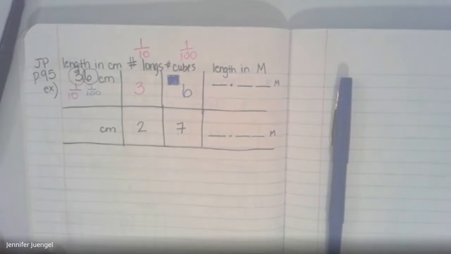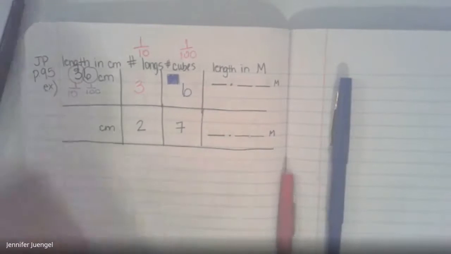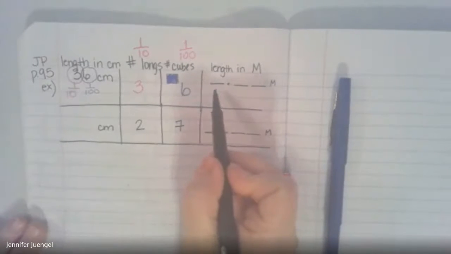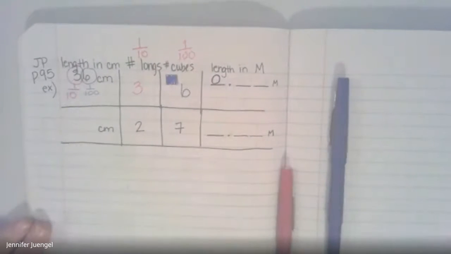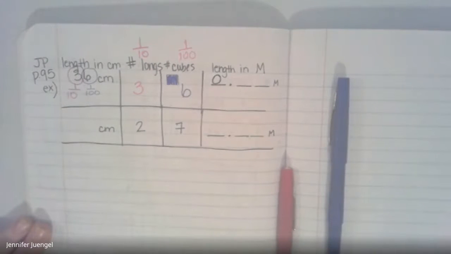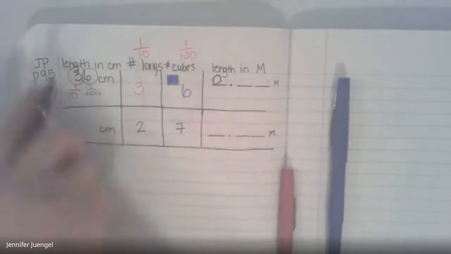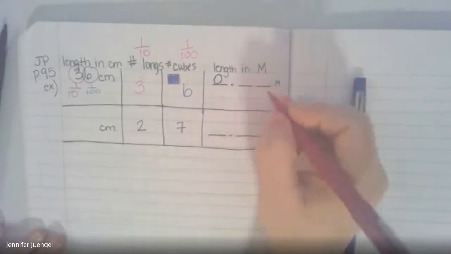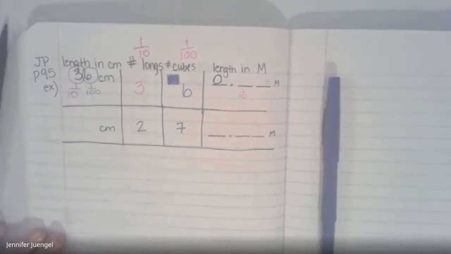We know that it takes 100 centimeters to make a meter stick. So we don't have 1 whole meter. That means in the ones place where the whole numbers go, we'd have to write 0 because we don't have any. Did we have any tenths in the tenths place? Any longs or things that represent dimes? Yes, we did.